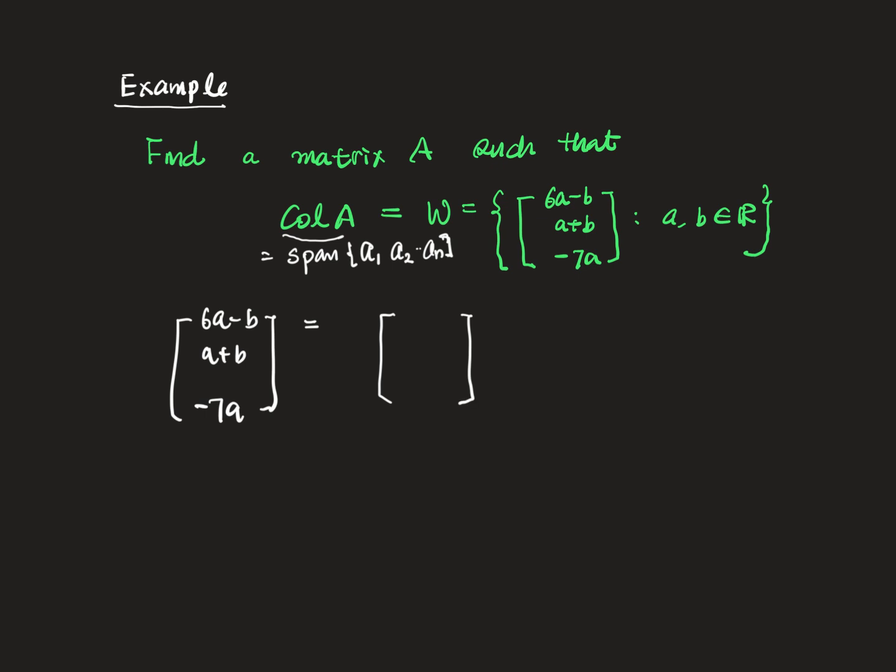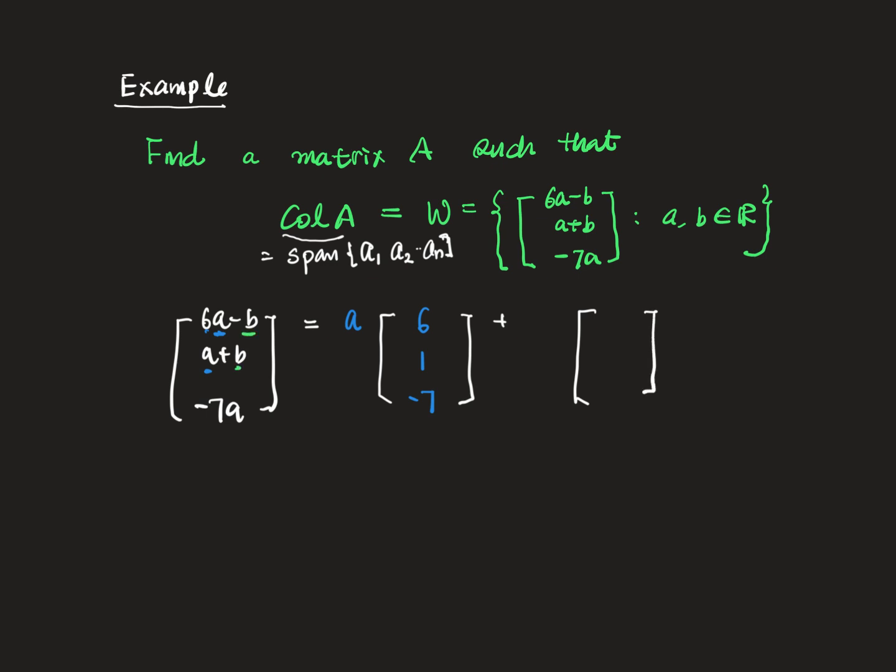This is what I talked about in the previous slides, guys. Here is a, and what is the coefficient? Here is a 6, here is a 1, and the third one is a -7. You write it like that. Plus the second column vector, let's look at the b.